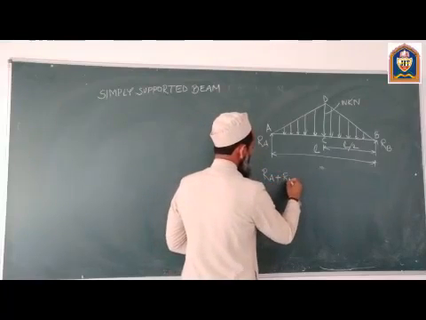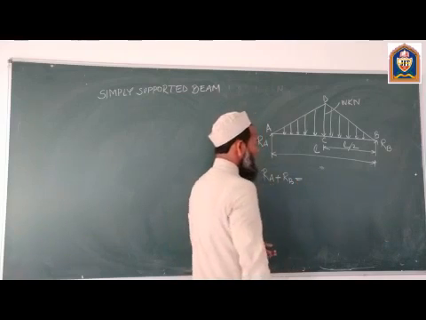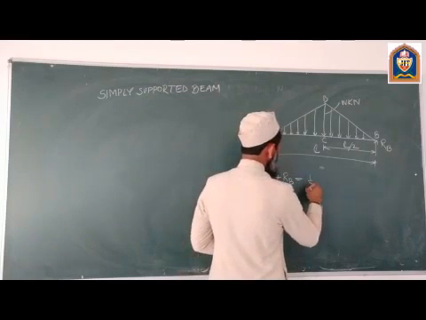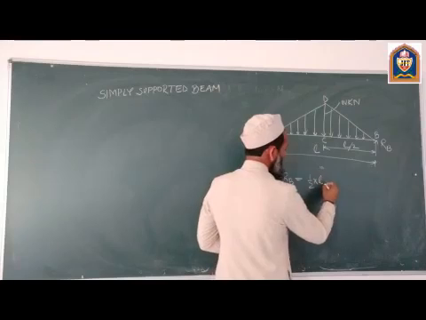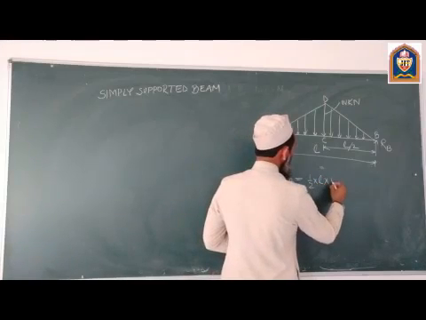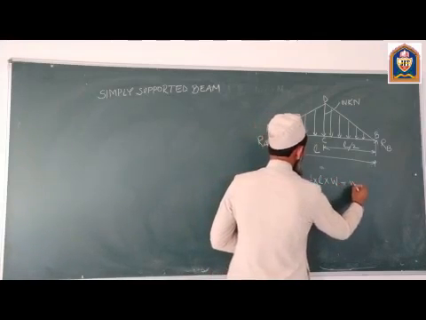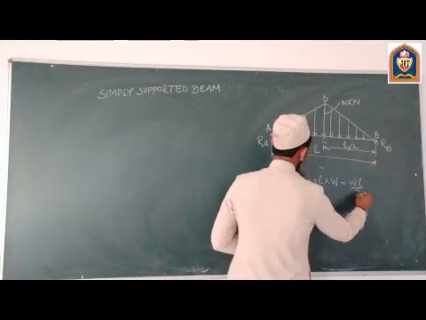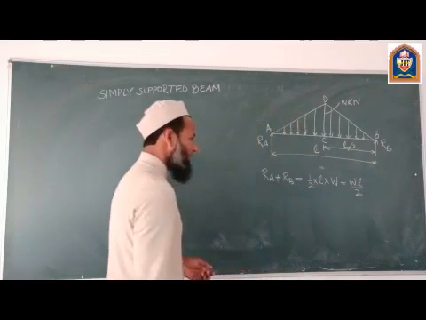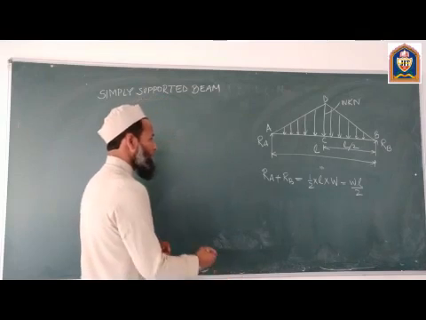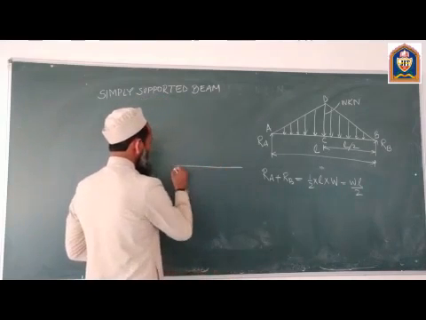RA plus RB is equal to the total load, which is equal to 1 by 2 multiplied by span of the beam multiplied by the height. So this is WL by 2.